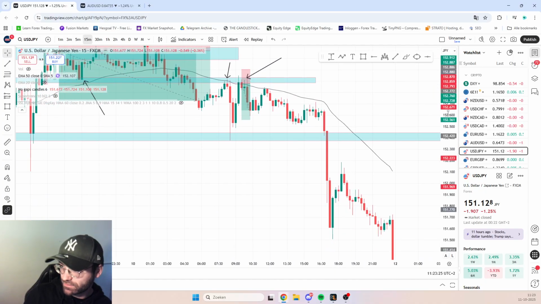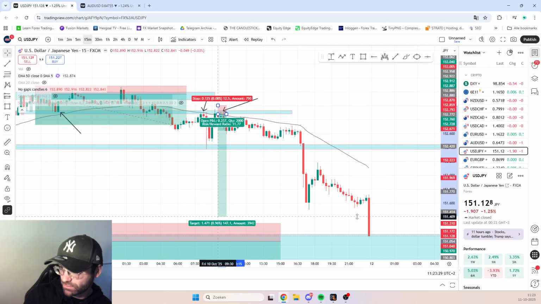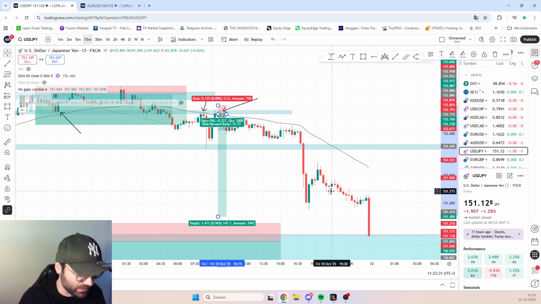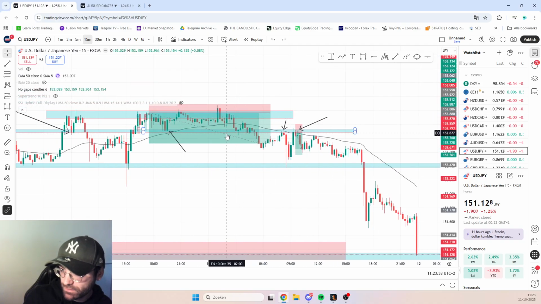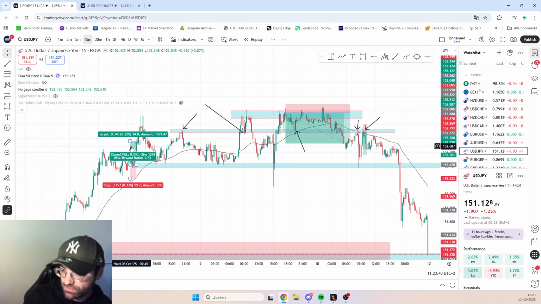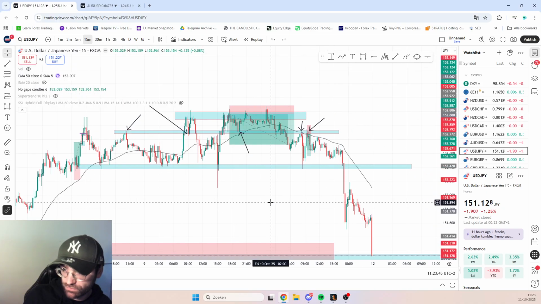It could have been a way bigger trade, like 11x or something at the max, but I exited a little bit earlier. But basically, I saw three areas here. As you can see, this whole zone consists of three areas for me.